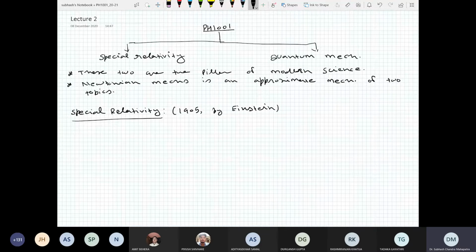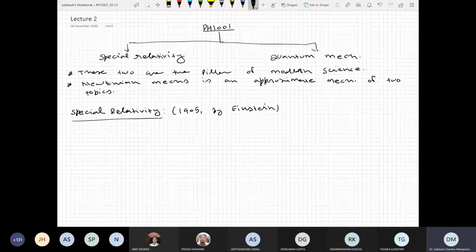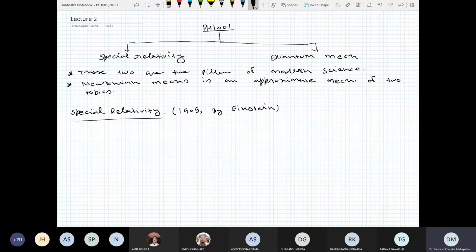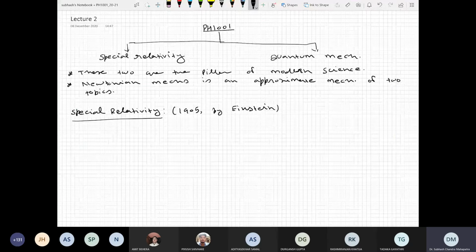You will see it changed our notion of time and space, and it completely changed how we thought about Newtonian physics. There are two words, special and relativity. Let us first understand relativity. What is relativity?